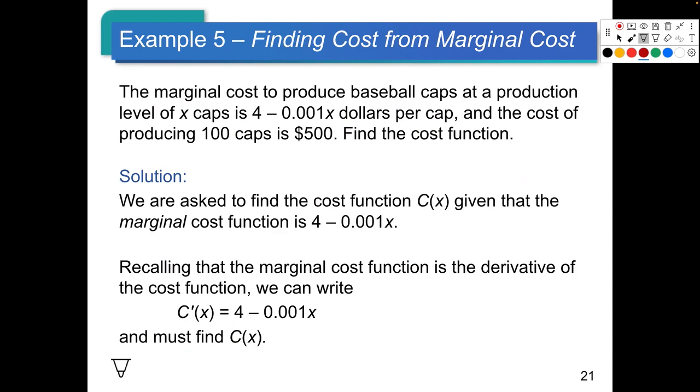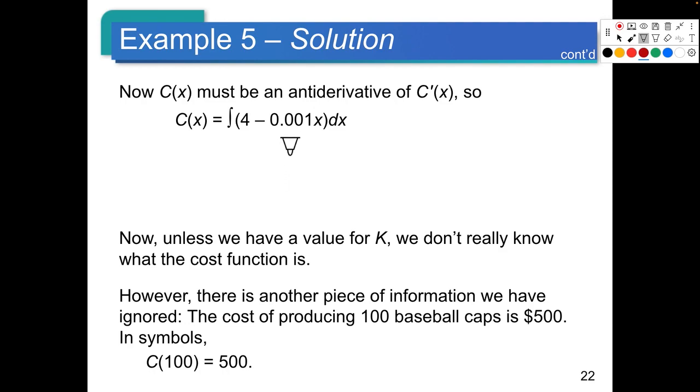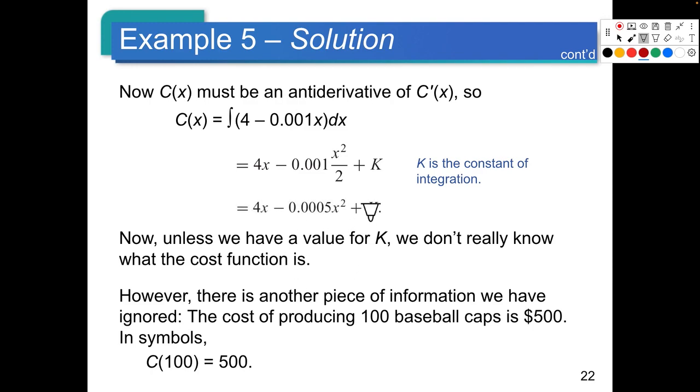And this is just more verbiage, so I leave this in so it's nicely printed. You can go back and review these, but these are doing all the same thing we did. They're identifying that what they gave us was the derivative, so they need to integrate it, and they do that in 2 steps. And they're using K because now I see they use C of X for the cap function.